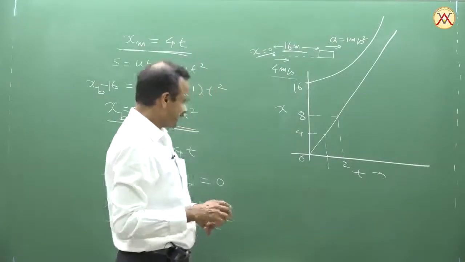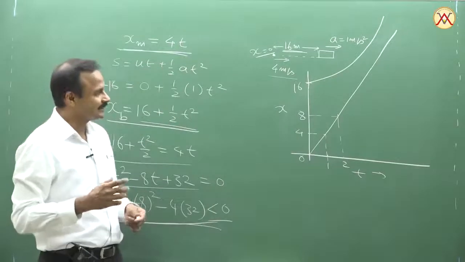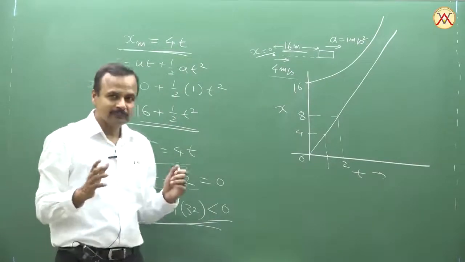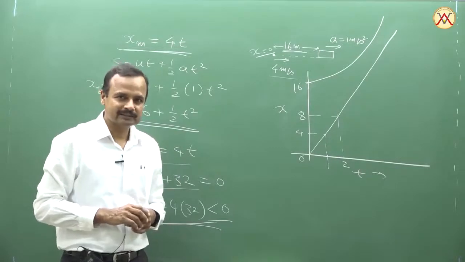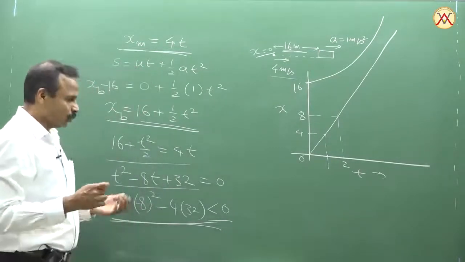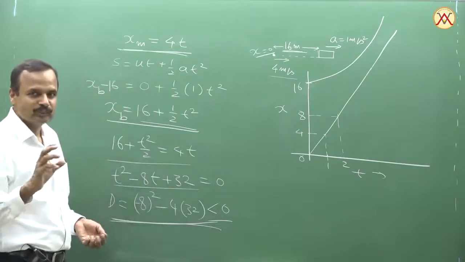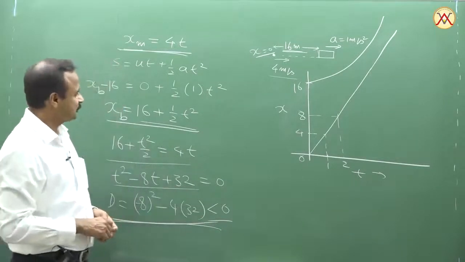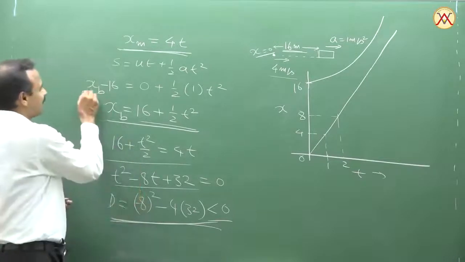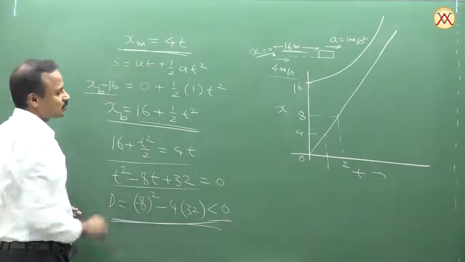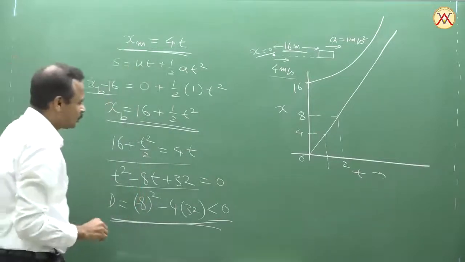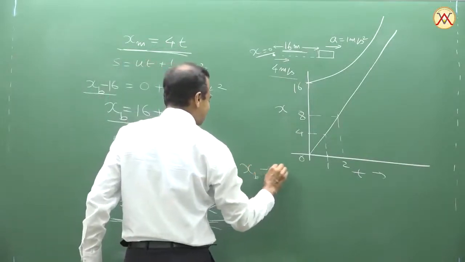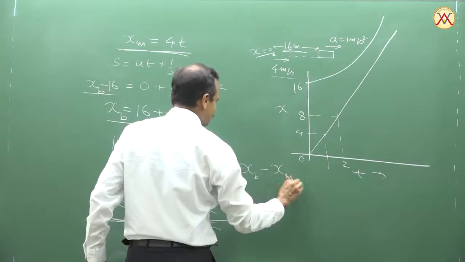Now, the second part, by what distance he misses the bus, or what is the minimum separation between man and the bus. So one way of doing it is to minimize the separation. What is the separation? Separation we can get by subtracting the two x coordinates. X coordinate of bus minus the x coordinate of man.